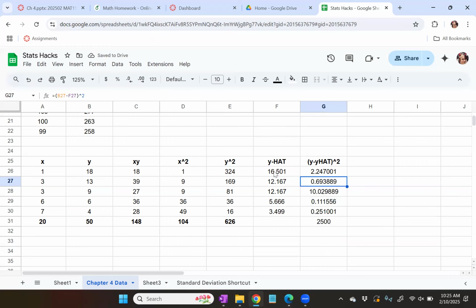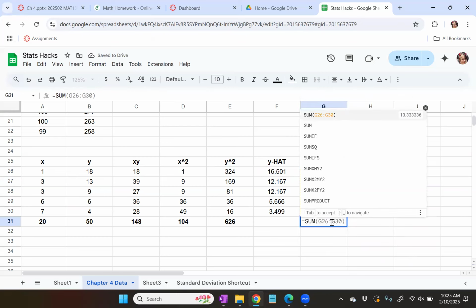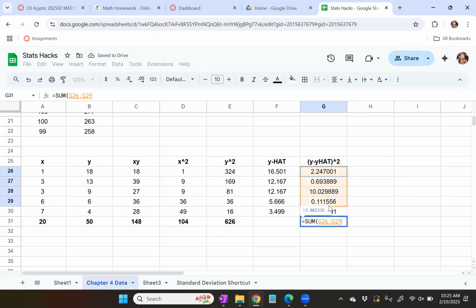So my column here took all my Y values minus my Y hats and squared them. So it tells me my residual here is approximately 13.3. So we're off a little bit, which we kind of expected.